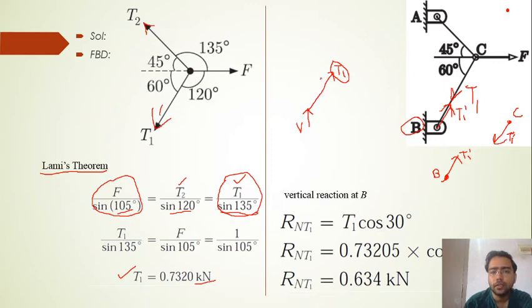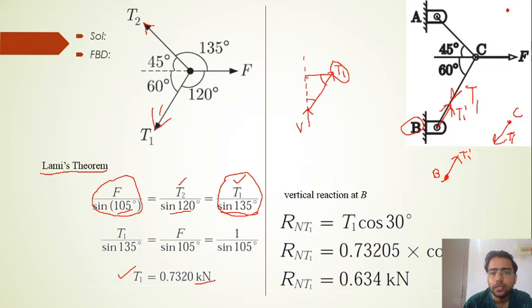Now what is the next plan? Next plan is that we need to take component of T1 in y direction. Y direction is vertical upward. So we will take component of T1 in this direction, and what it will be? This angle is 60 here. So this angle is 60. Okay. So this angle will be 30.